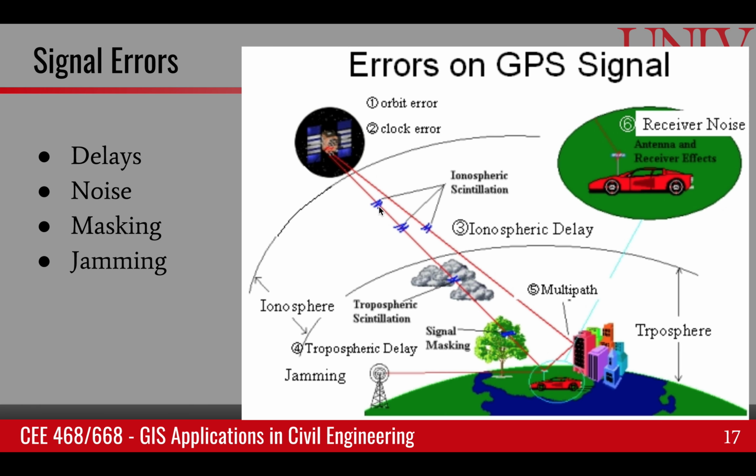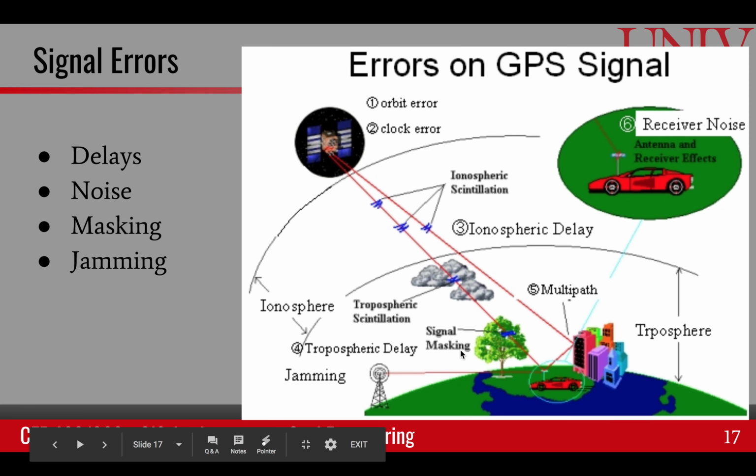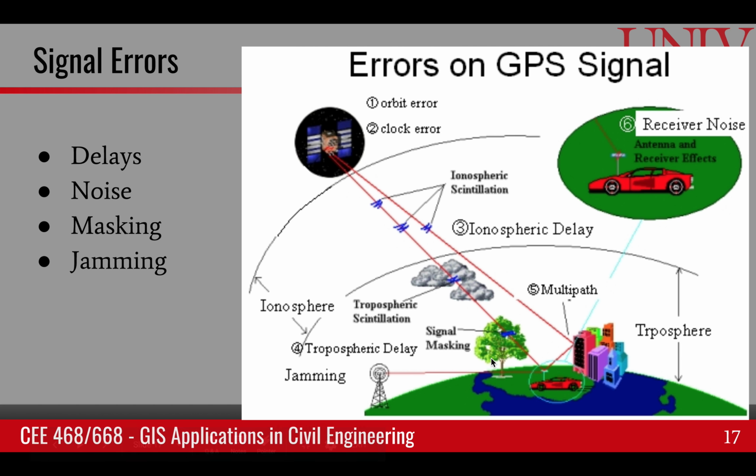There can be scintillations that can deteriorate or attenuate the signal. There can be clouds in the way that can also cause scintillations. Below the clouds, we have trees and buildings that can mask the signal, which means the signal is obstructed.